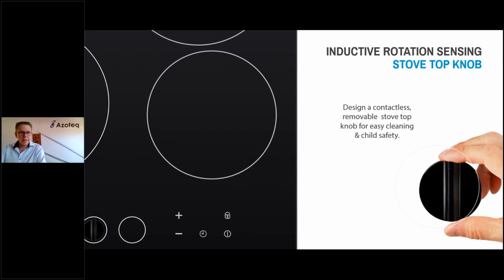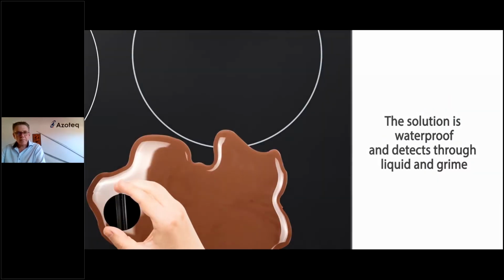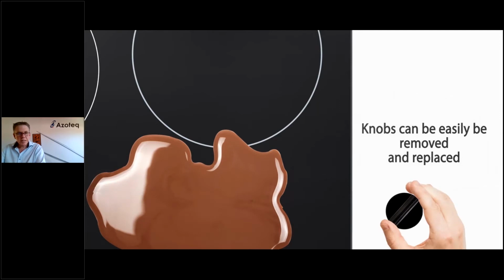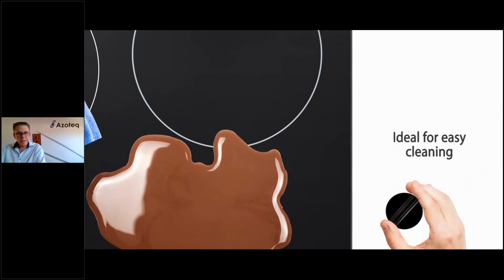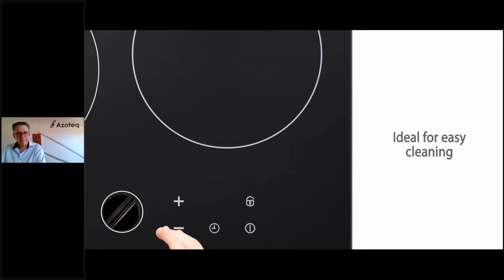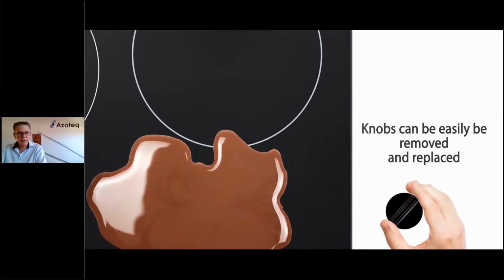You can have a solid piece of glass, Gorilla Glass, over your stovetop, and the knob only needs to be located in a small recess or be kept in position with a magnetic method. So the knob is completely contactless from the underlying electronics, with the major advantage that any spillage will not get into your electronics, especially if the material that is boiling over is hot and sticky.